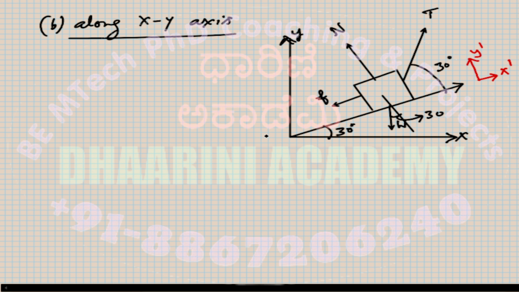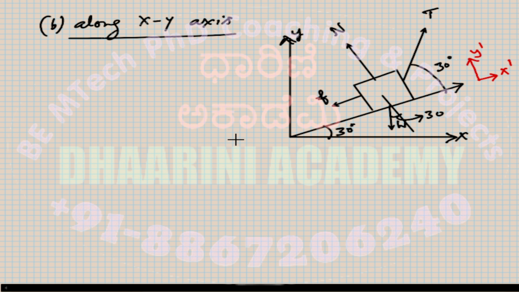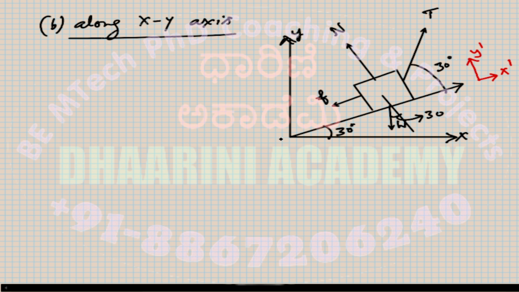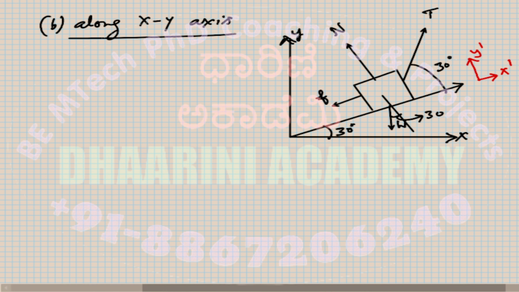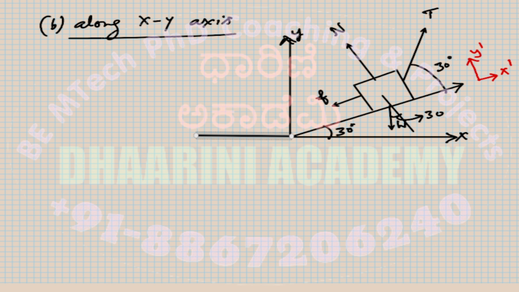So let's complete the 4 quadrants now, so that we can understand where each of the forces is located. This is the extension for the second quadrant, and I'll also extend the y axis downwards.